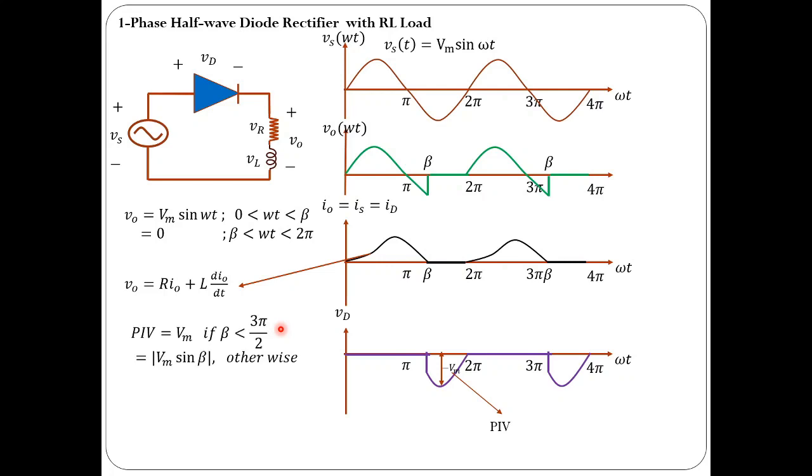And coming to the peak inverse voltage, in case beta is less than 3 pi by 2, that is equal to Vm, and if beta is greater than 3 pi by 2, the peak inverse voltage is equal to the magnitude of Vm sin beta. So the magnitude of the input voltage at beta.